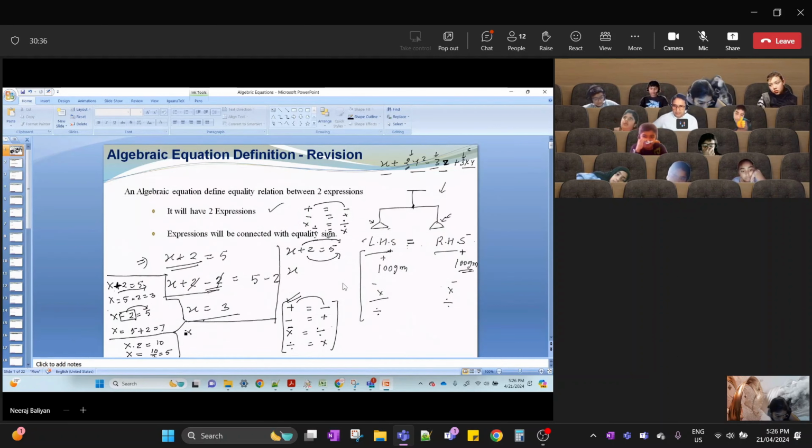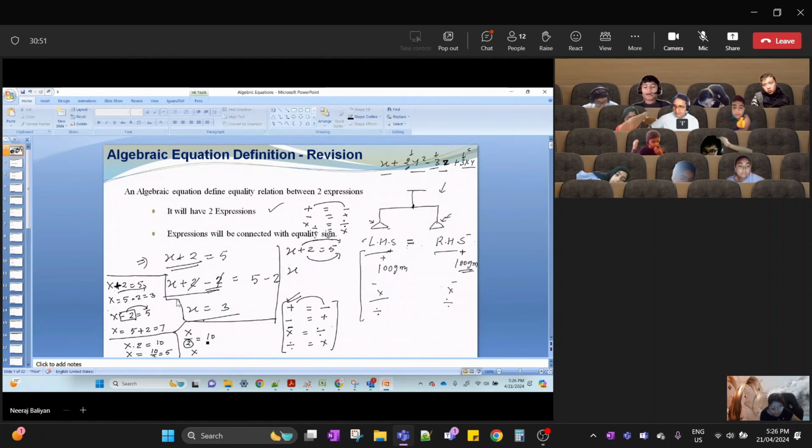So let us say our equation is x divided by 2 is equal to 10. So Yasir, what will happen to 2 here if we want to move this term to the right hand side? We want to keep only the variable on the left hand side.